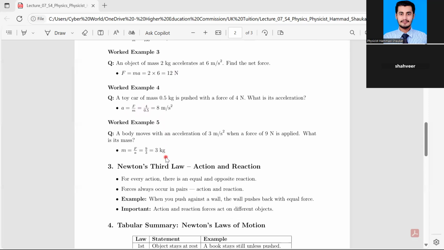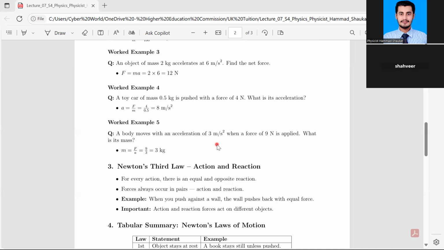The last problem, a body moves with an acceleration of 3 meter per second square when a force of 9 newtons is applied. What is its mass? They're asking you to find mass. Acceleration and force are given. How can you find it? m equals F over a.